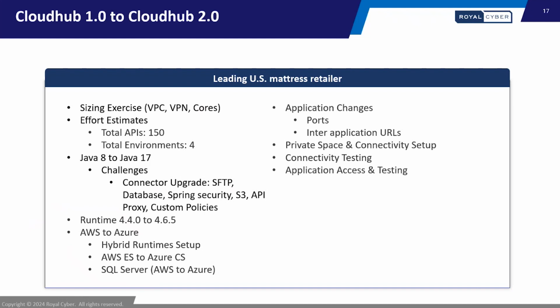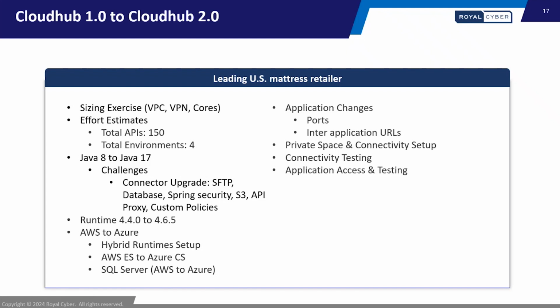But we successfully achieved all these infrastructure changes, runtime changes, and Azure migration, along with the required application changes, connectivity testing, and application access, as these applications were accessing different internal and external systems.